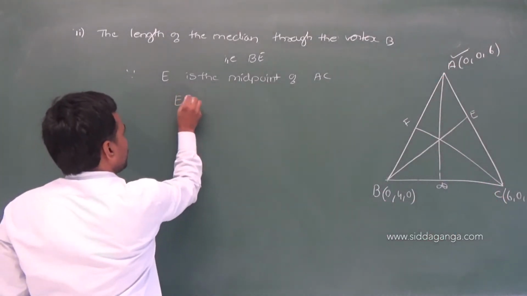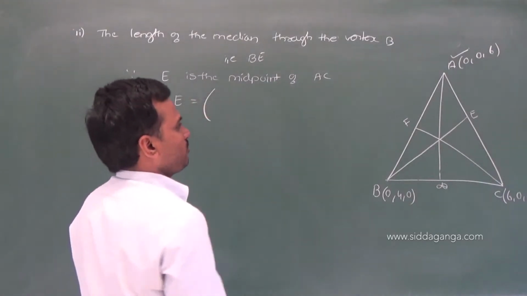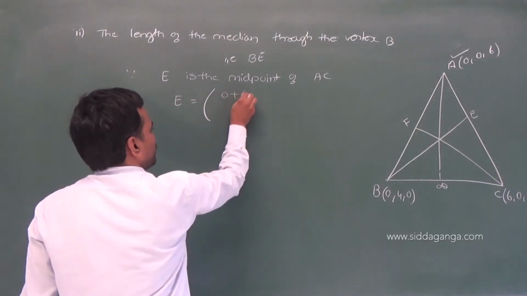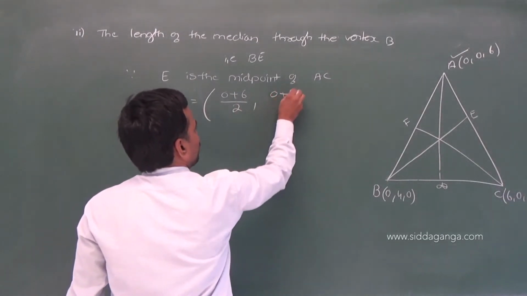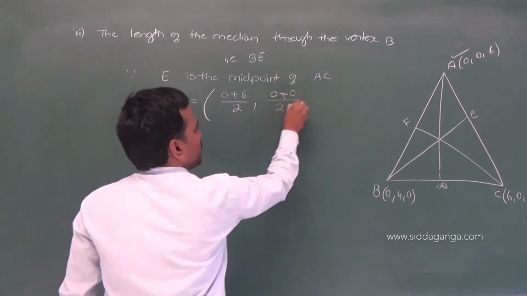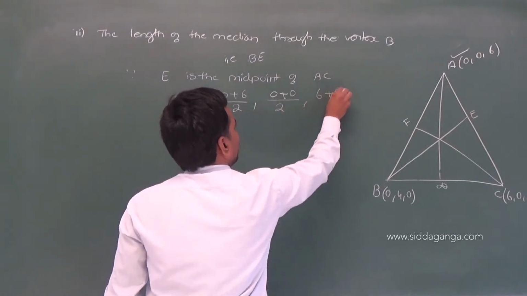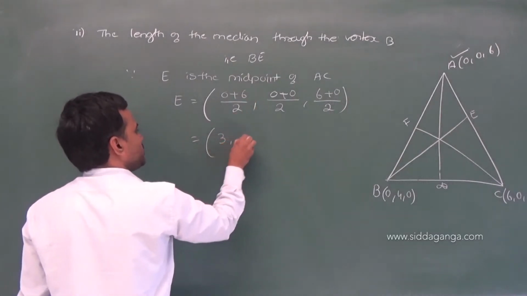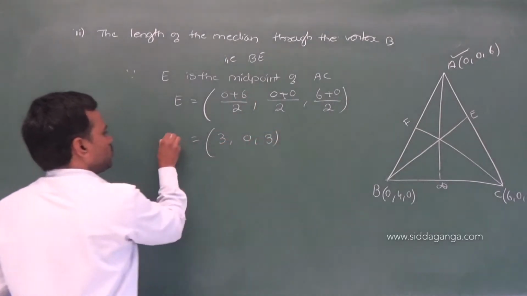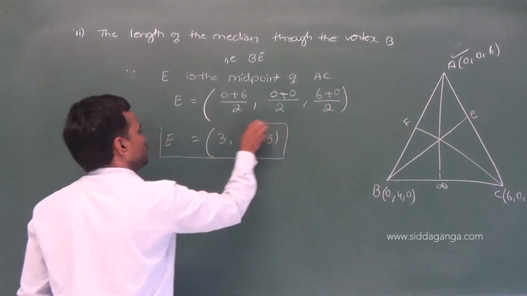That implies the coordinate of E using the midpoint formula: (0 plus 6) divided by 2, (0 plus 0) divided by 2, (6 plus 0) divided by 2. 6 by 2 is 3. The coordinate of E is (3, 0, 3).